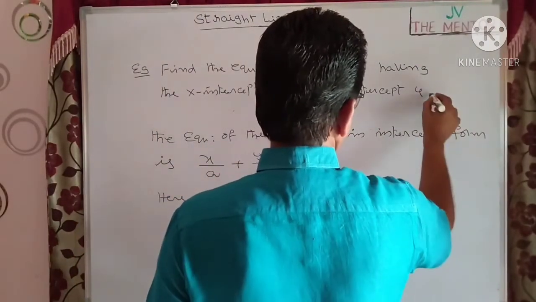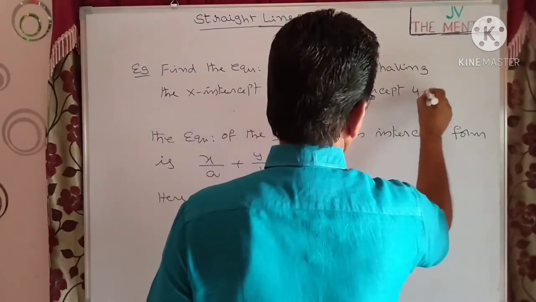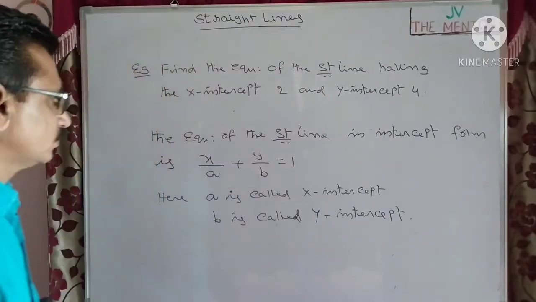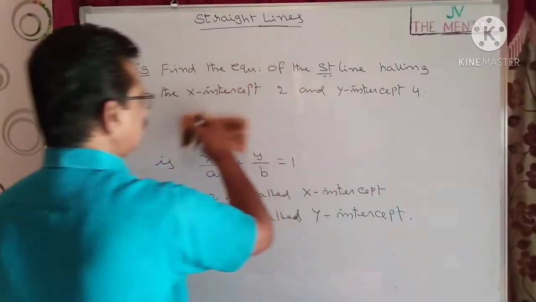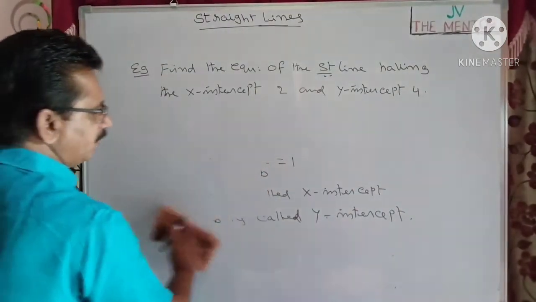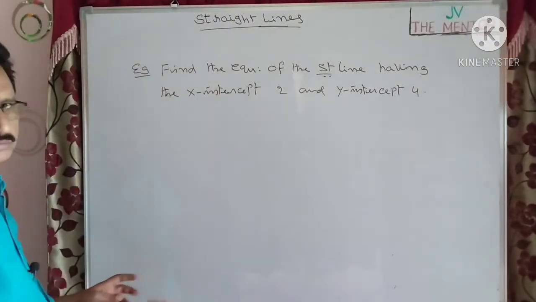Here the x-intercept is 2 and the y-intercept is 4. Now we will find the equation of the straight line having the x-intercept 2 and y-intercept 4.